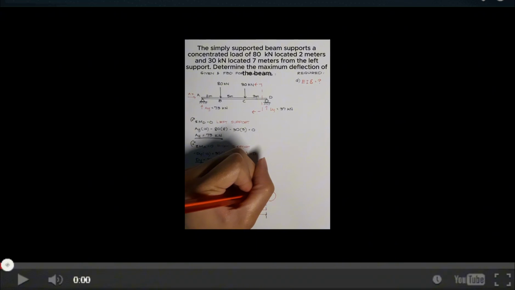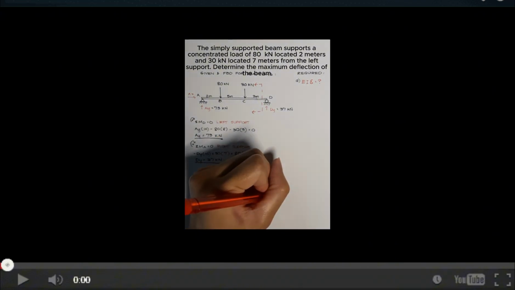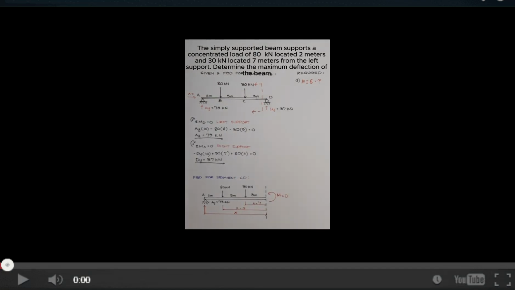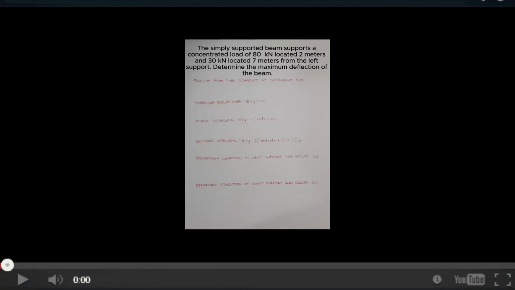So for the FBD, magmo-moment tayo here. So it is labeled as MCD. So now this is our section with their respective distances ng mga loads. We have X minus 2 for the 80 kilonewton, and X minus 7 for the 30 kilonewton. After the FBD for segment CD, now let's solve for the moment at segment CD.